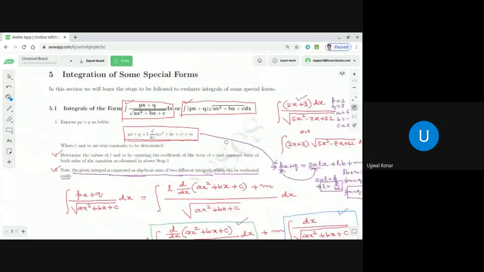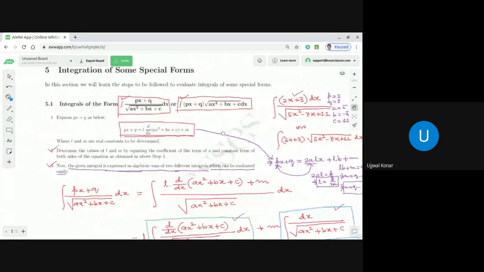So let me make a summary before going to the next one. How to express the integral of the form (px plus q) by square root of ax square plus bx plus c dx, or the integration of (px plus q) square root of ax square plus bx plus c dx. Dear students, I explained in detail the first one. The same approach you can apply for the second one.